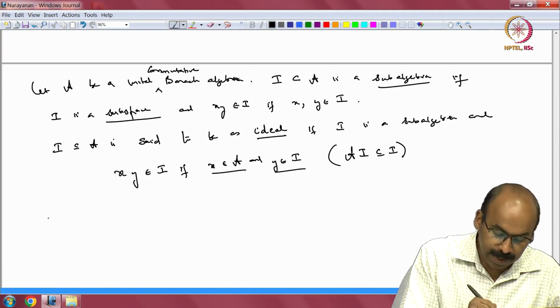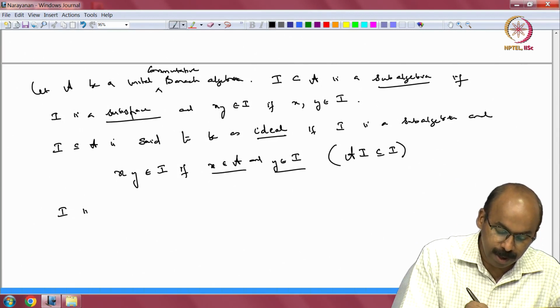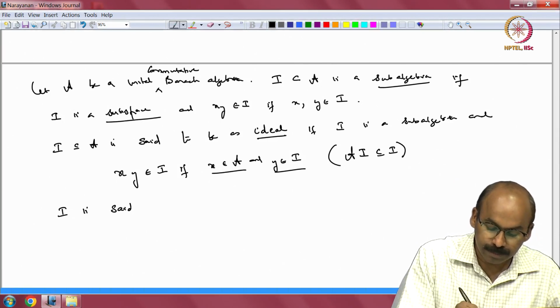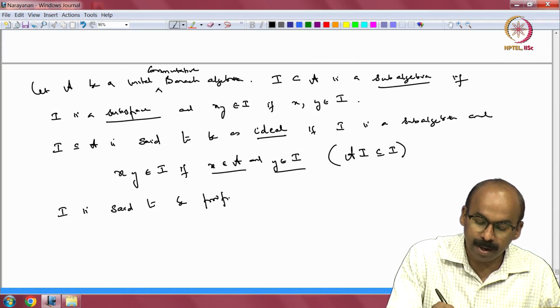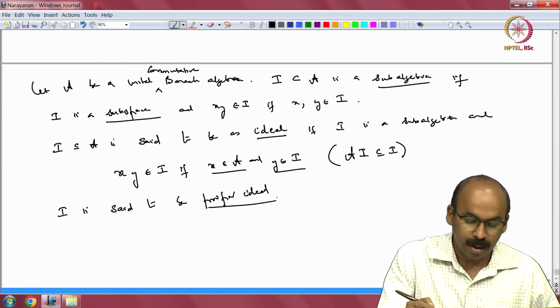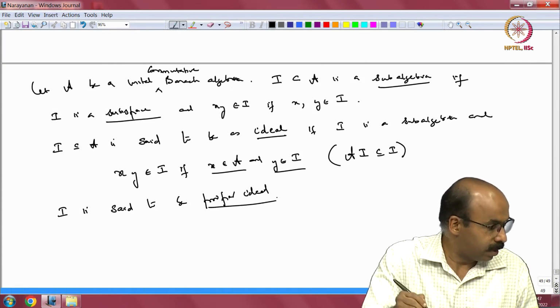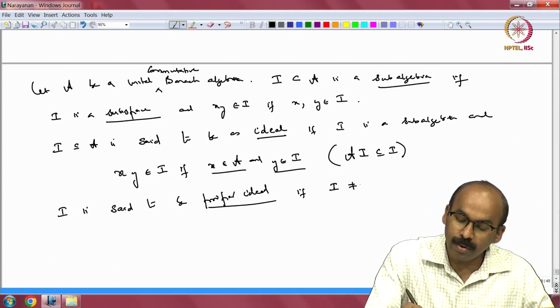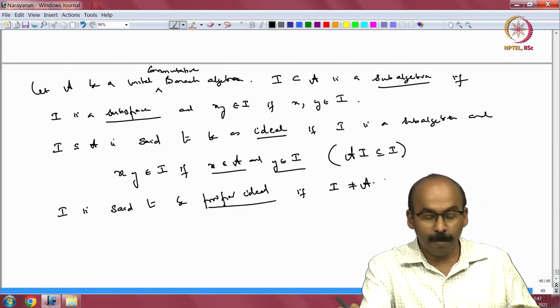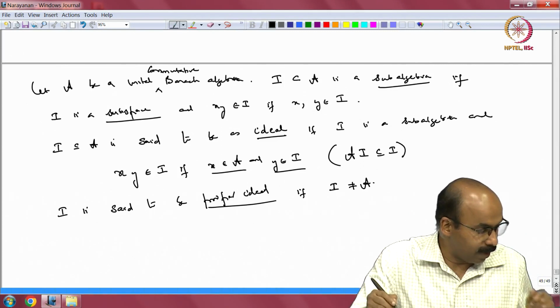Now, that is ideal. I is said to be a proper ideal if I is not equal to the whole space, right.